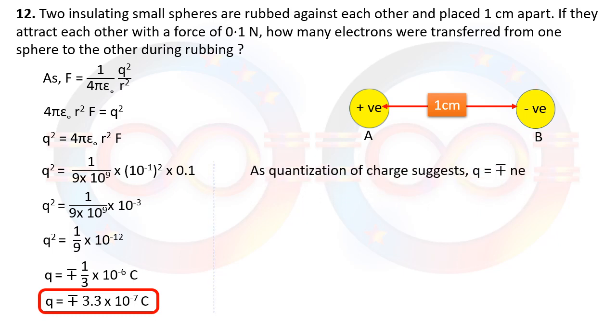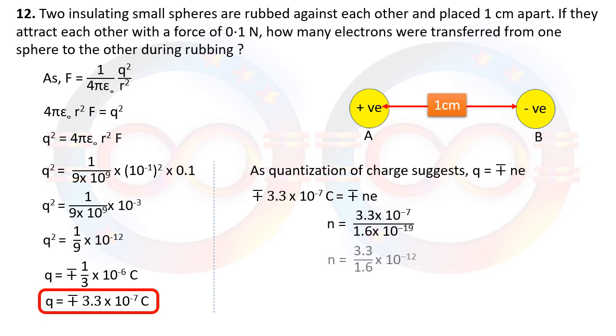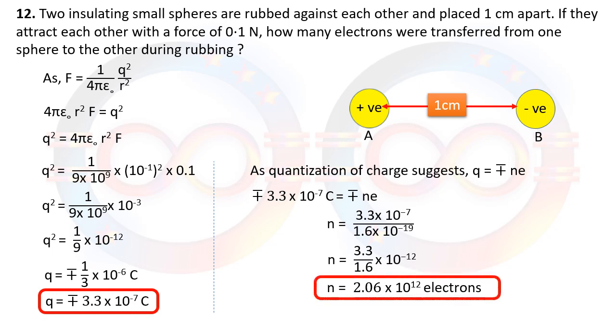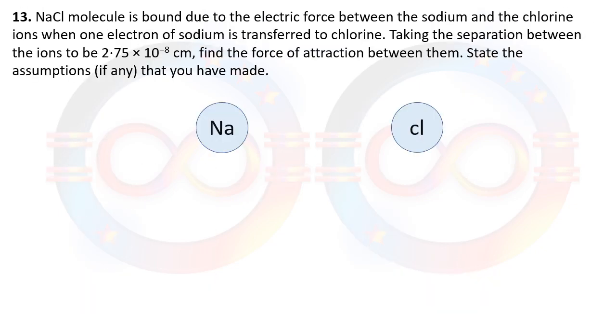We know that Q is equal to ±Ne, so 3.3 × 10^-7 coulomb is equal to ±Ne. N will be equal to 2.06 × 10^12 electrons. So these many electrons are transferred from A to B. That is why A has a positive charge and B has the same amount of negative charge.